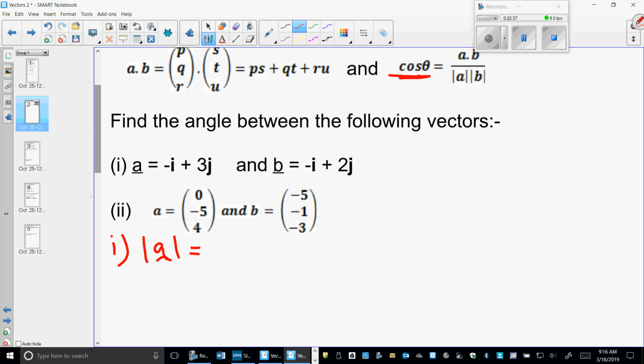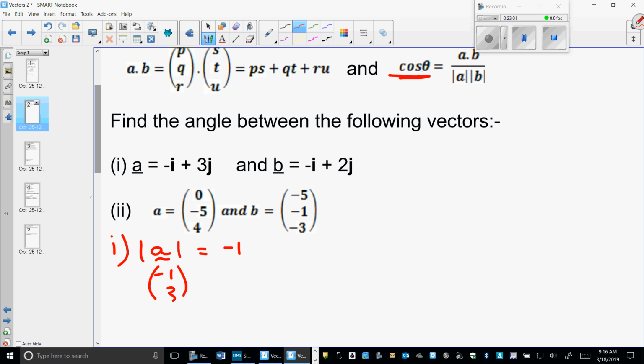So how would I do it for this first one? -1 and 3, so that's a column vector. And -1 and 2 for the other.